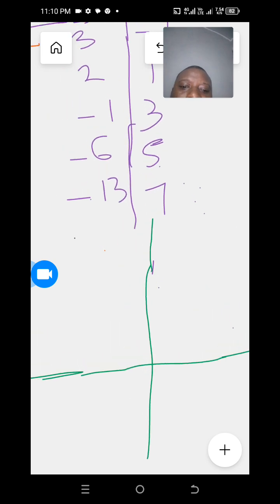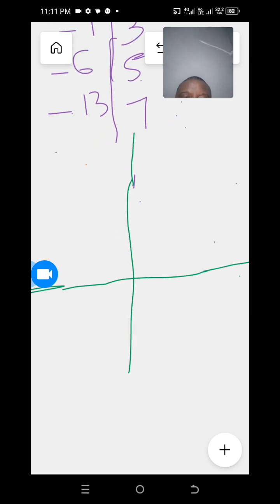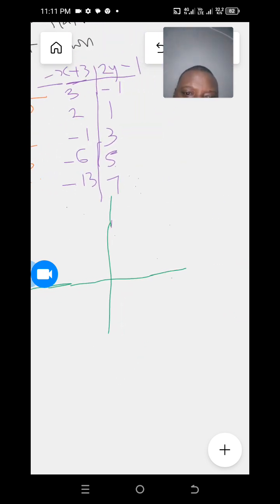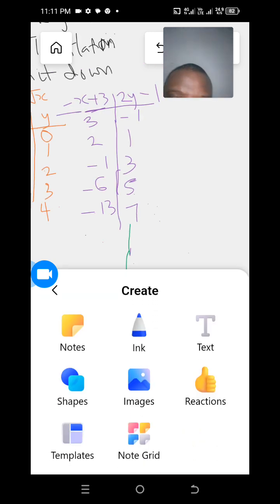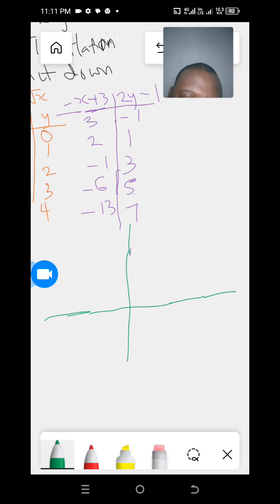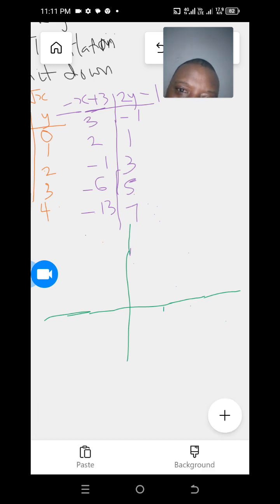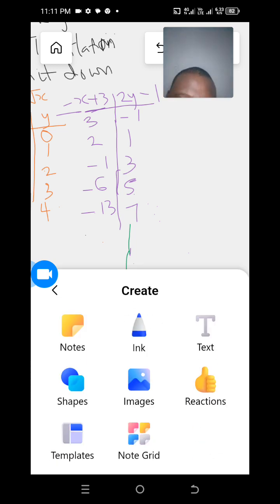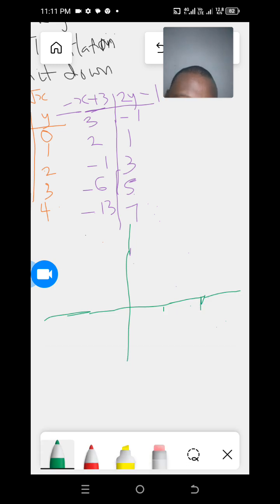So when x is 3, y is negative 1. So this is not great, so we need to manage what we have. Just to know how the graph looks like, let's start here. So this is 3 and this is 2.